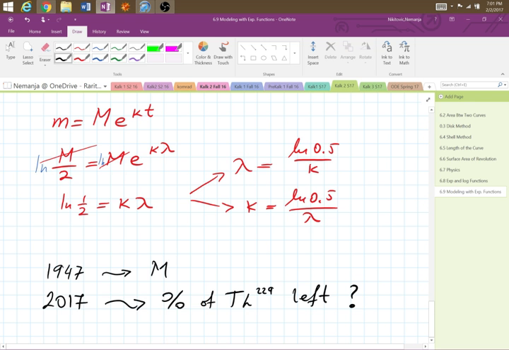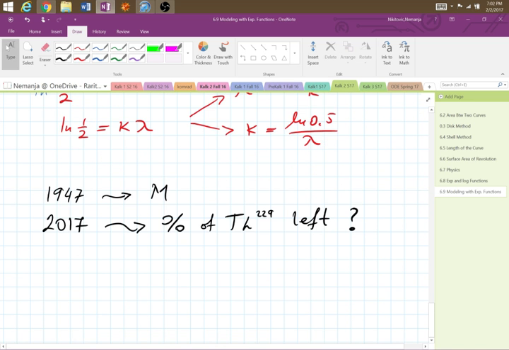So that's what I want to know. They applied a certain amount, and that makes deposits on teeth, obviously. And then let's see how much is left after 70 years.